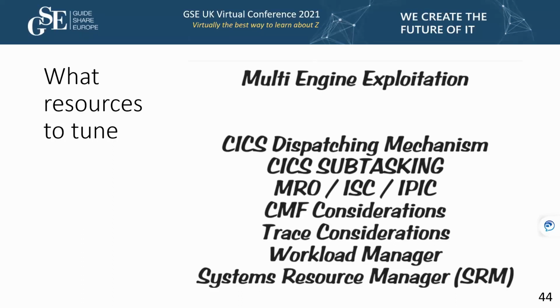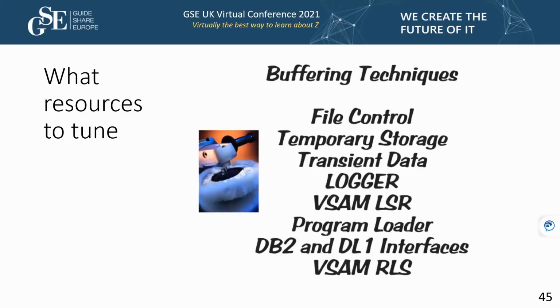And maybe you find there's some advantage with the number of CPUs you have to convert that connection to an IPIC connection that will allow you to suddenly run the file control requests on an alternate TCB, right? So there's lots of things to consider if you want to take advantage of multi-engine exploitation.